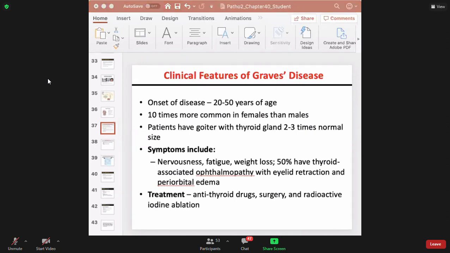Okay. So if you've got all this excess thyroid hormone, you're going to have to treat it by decreasing how much thyroid hormone is actually produced, or removing the thyroid, or radioactively ablating the thyroid. And just like with Hashimoto's, there's also pregnancy with Graves.